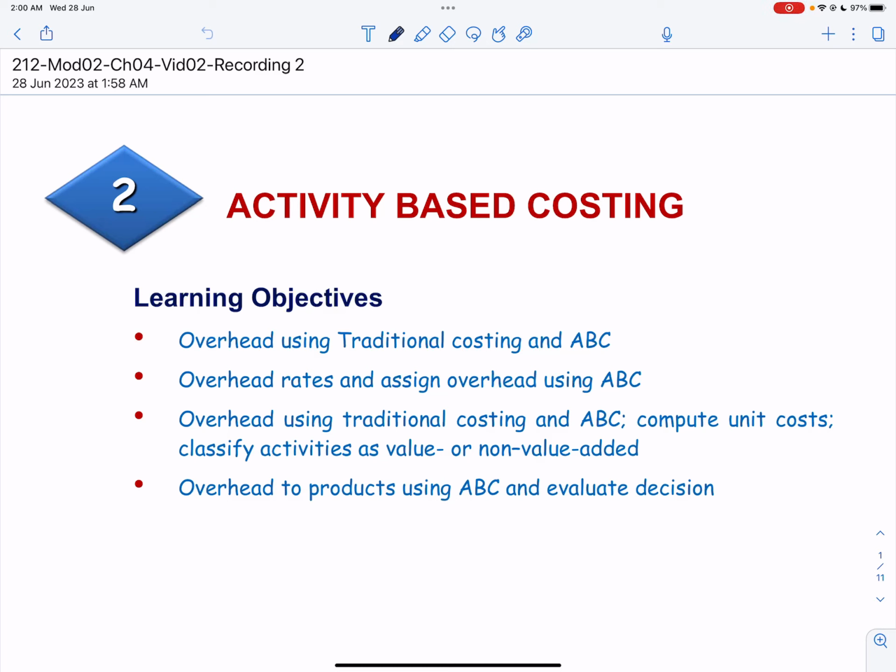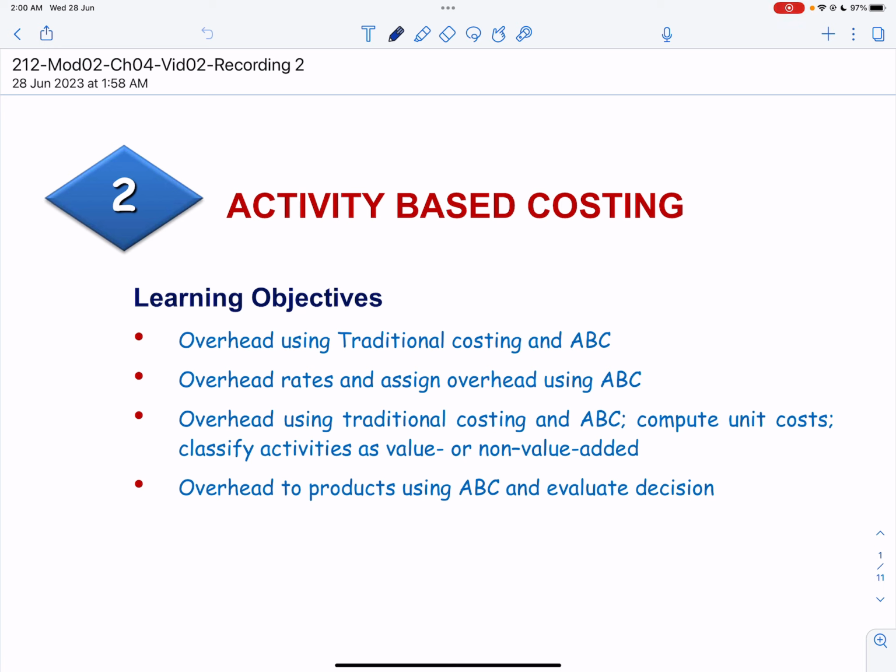Bismillahirrahmanirrahim. This is the second video on activity-based costing. In this video, we will solve an exercise on how to assign overhead using traditional costing and activity-based costing. We will explain how to compute overhead rates and assign overhead using activity-based costing.